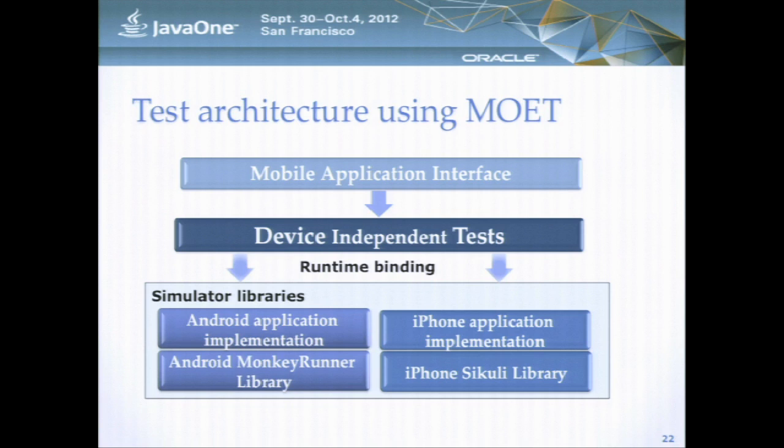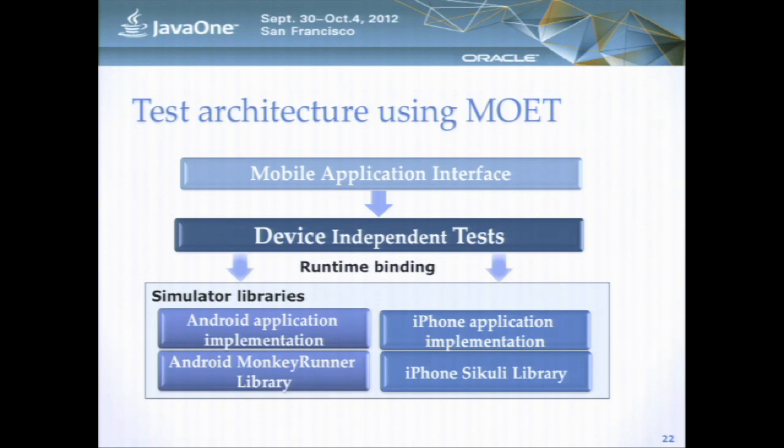You wouldn't know what device you're running, because it's sort of encapsulated during runtime in the simulator layer. The other thing is also encapsulating the user logic on how you implement your business logic and how it is being implemented on the device. So these two forms of abstraction help you to just be able to run your tests on multiple devices.